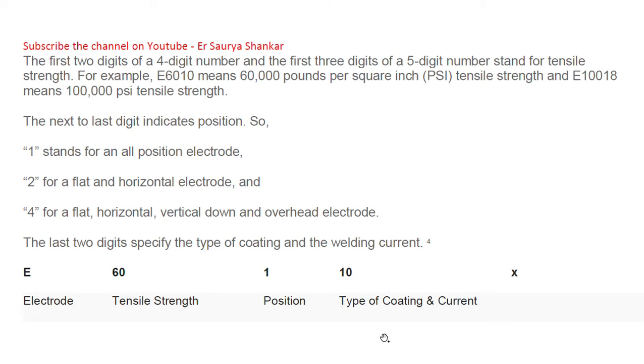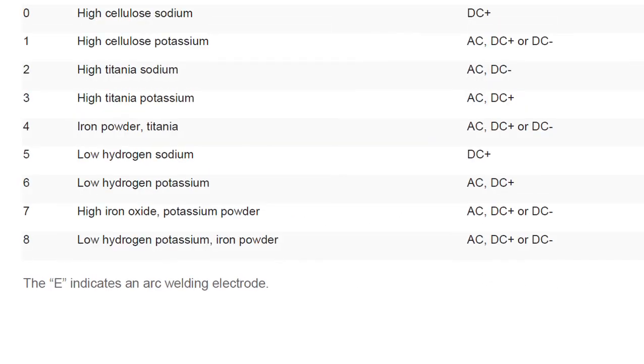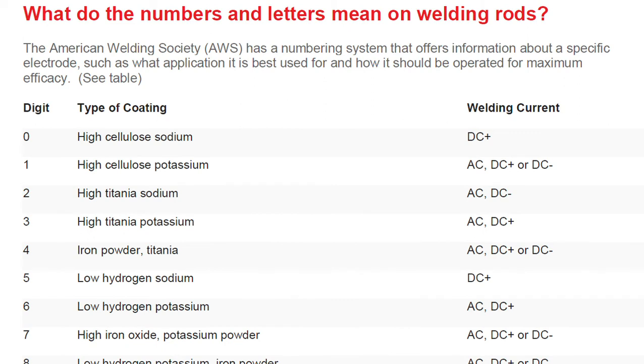So what type of coating we have, and what is the current that is required, whether it is AC, DC, both AC and DC. So this is type of coating and current. And the X indicates, if after all these digits E601 and 10, you find this X also, then it has some further classification, that some further things are available for it.